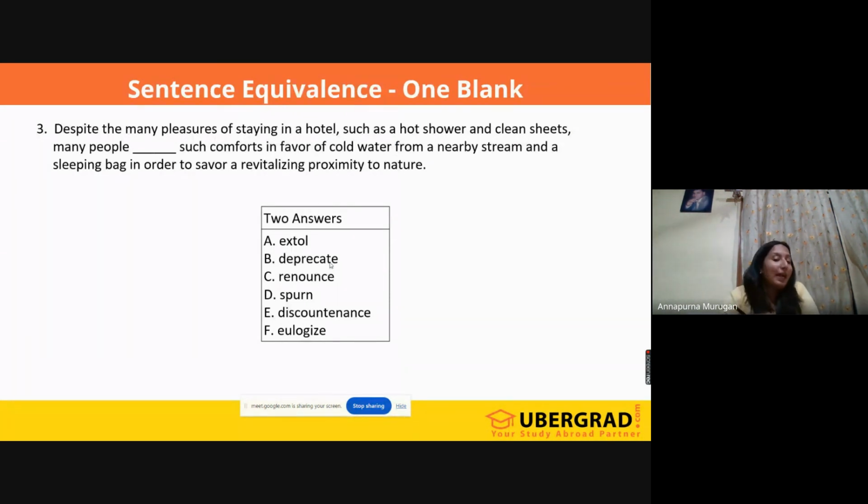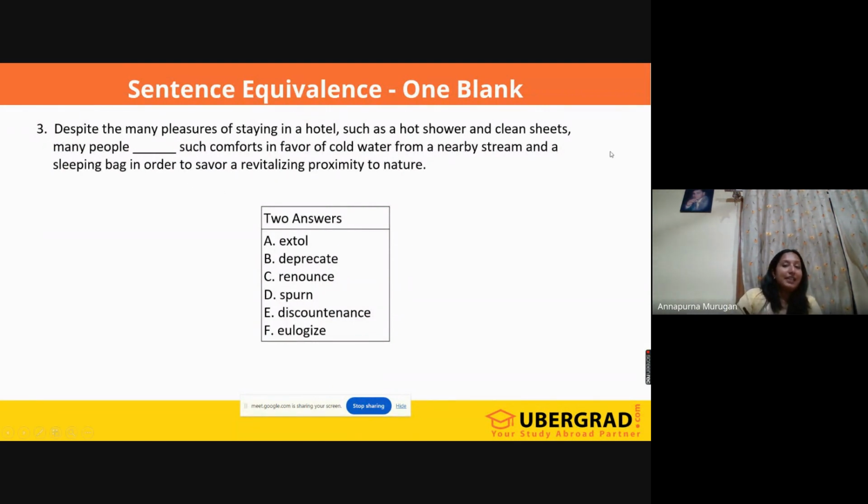Okay. So despite the many pleasures of staying in a hotel, such as hot showers and clean sheets, many people blank such comforts in favor of cold water from a nearby stream and a sleeping bag in order to savor a revitalizing proximity to nature. So that means there are pleasures in staying in a hotel, but still, people don't like that, isn't it?